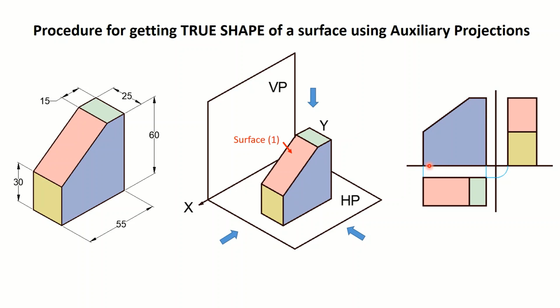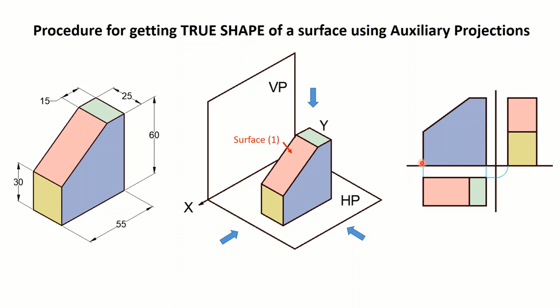So such a projection in which all the edges making a surface are present in their true lengths, like in this case all the edges making this surface are appearing in their true length, is called the true shape of this surface.